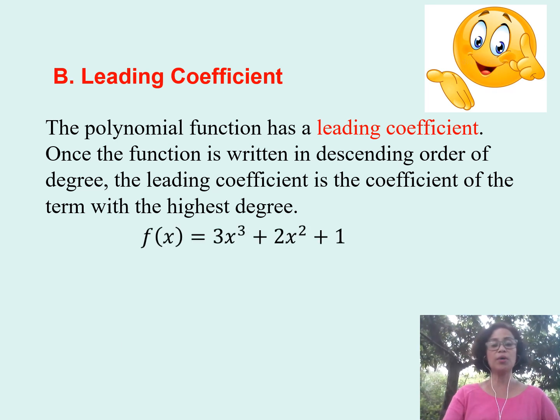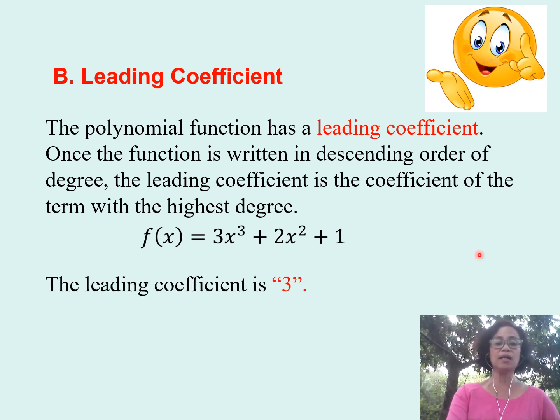Let us remember an example, f of x is equal to 3x cubed plus 2x squared plus 1 has a leading coefficient 3. Because the leading term is 3x cubed and the number before x is 3, therefore, that is the leading coefficient.